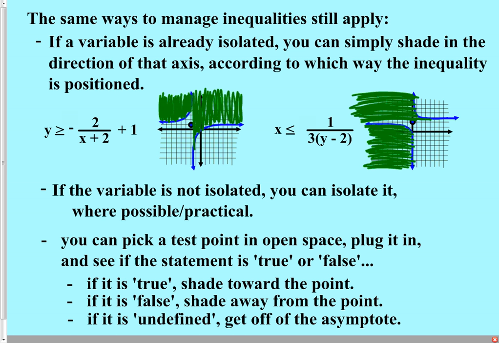In other words, your denominator might try to equal 0. So if you end up with an undefined statement, you have picked a point that is on one of the asymptotes. You need to get off of that asymptote and pick a different point out in open space and try again.